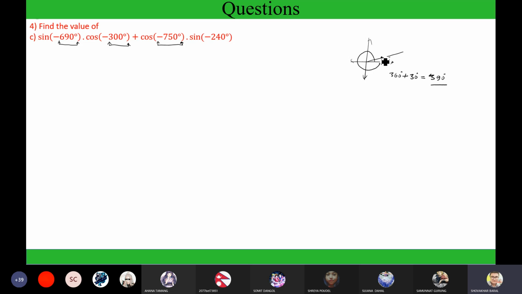So similarly, it may go the first round, the second round, the third round, it may go on and on, increasing the value of the angle. This line may rotate a number of times. Most of the times these angles are standard angles, so we'll just directly put the values of the trigonometric ratios of the standard angles. So let's use the concept.